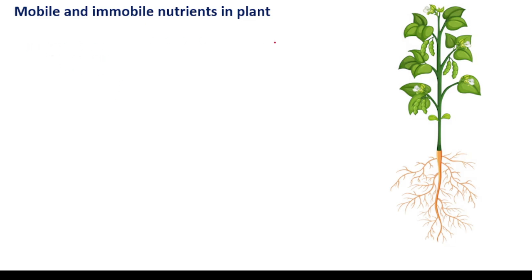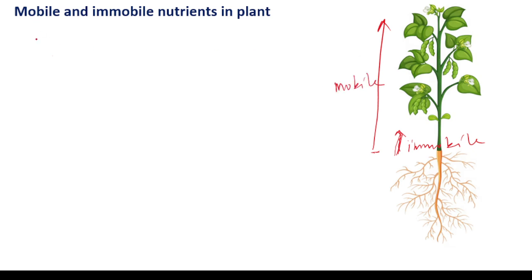Now we know about mobile and immobile nutrients in the soil. Now which are mobile and immobile in the plant? Those whose speed is not fast we call immobile. Those that can go from bottom to top we call mobile elements in a plant.